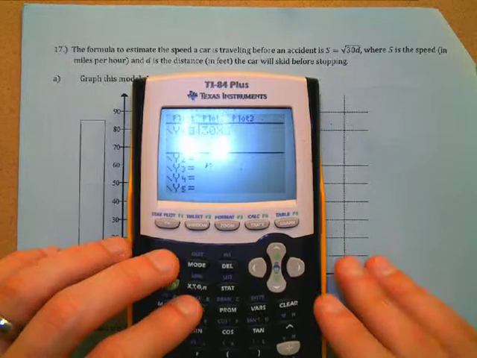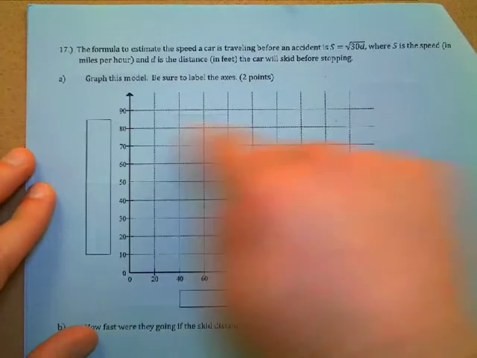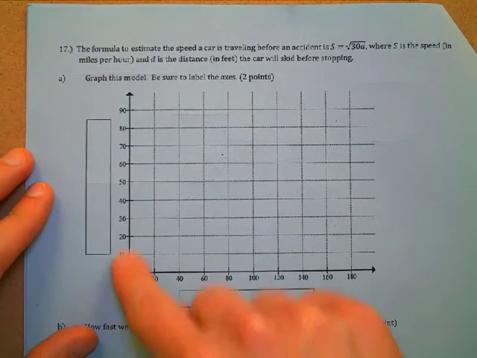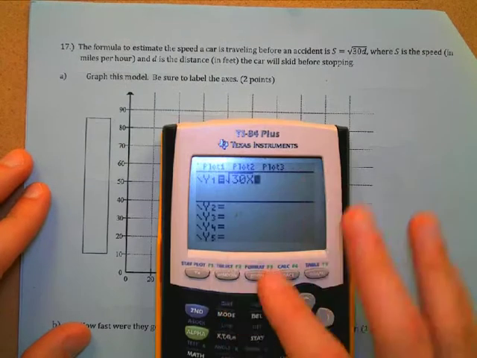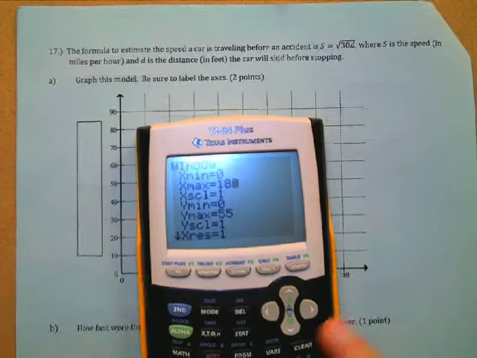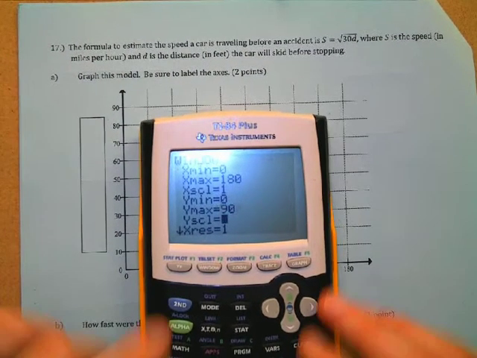Okay, 30x, and we will again take a look at your grid here. We've got from 0 to 180 and 0 to 90. So I'm going to adjust my x min to 0 still, and the x max will be 180. And then y min will be 0, and y max will be 90. Okay, and then we'll graph.